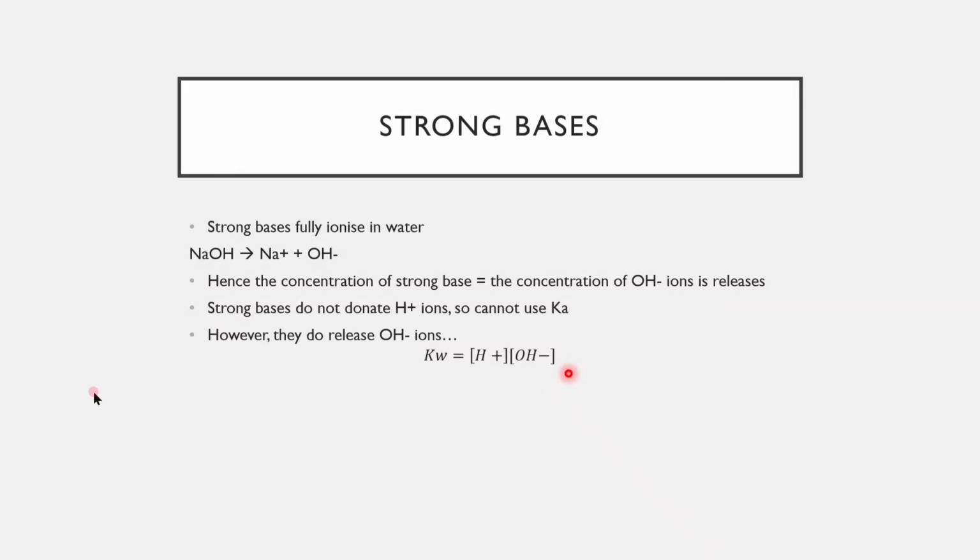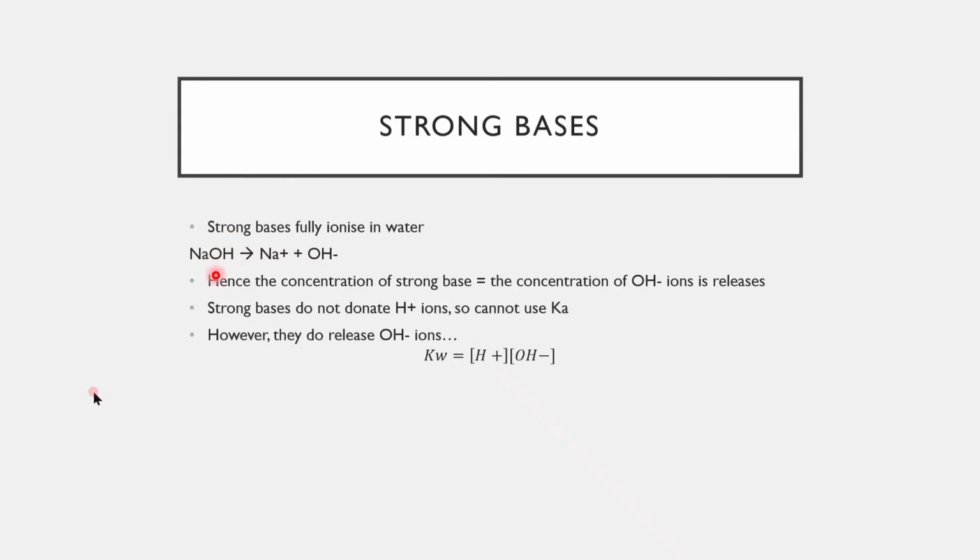This allows us to find the H plus concentration in our solution, because even though our strong base is not directly releasing or taking up H plus ions, it is the H plus ion concentration in our solution which is going to help us to calculate the pH. So we still need to calculate the H plus concentration even though we're dealing with a strong base.